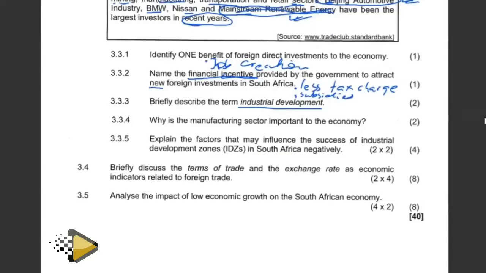Job creation opportunities are available under industrial development. That is why an economy is aiming at improving such a sector.